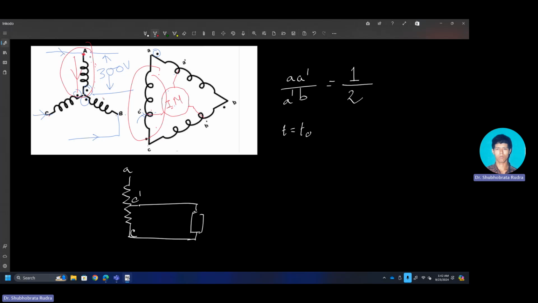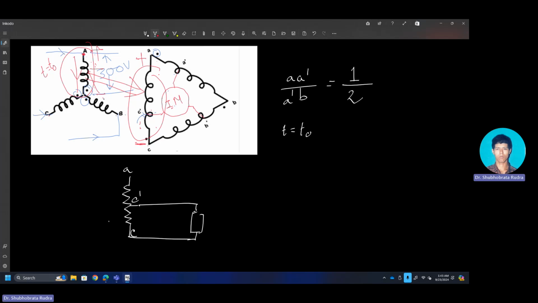At a time instance, let's say t is equal to t naught, we are having this terminal positive, this terminal negative. So accordingly, you have polarity, how things will happen for this AC: you have this plus, this minus, because this and this are parallel to each other.